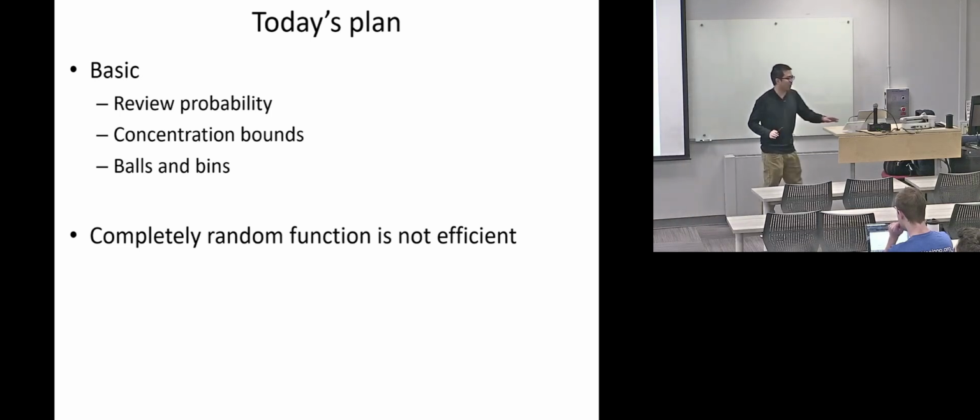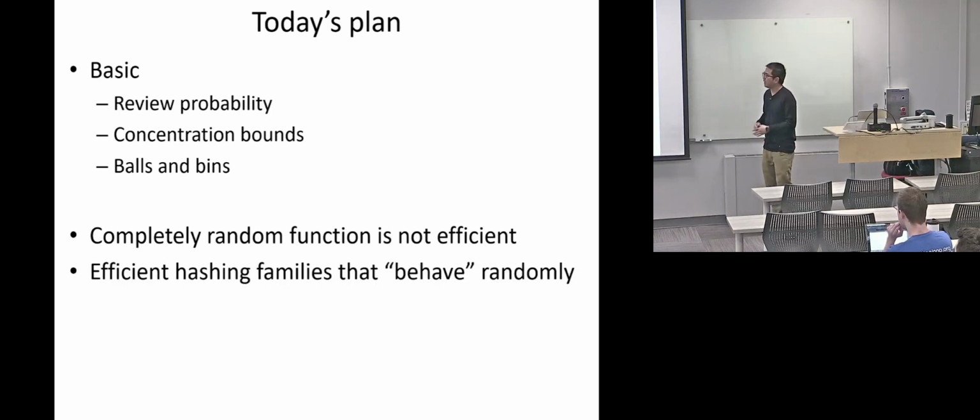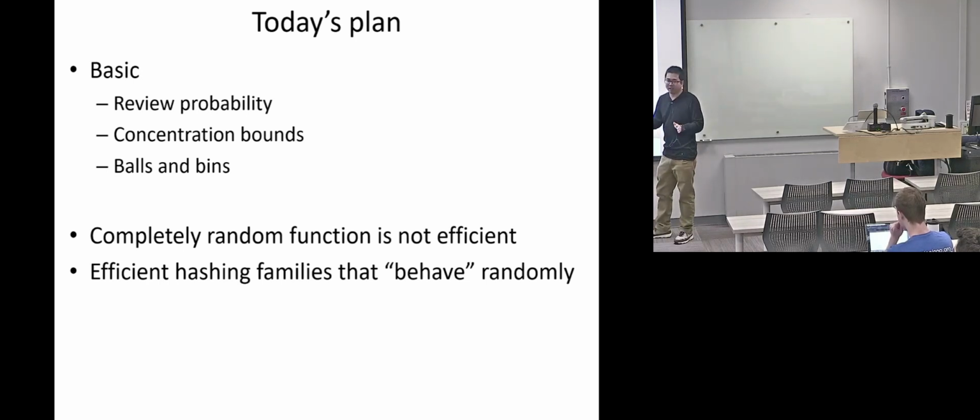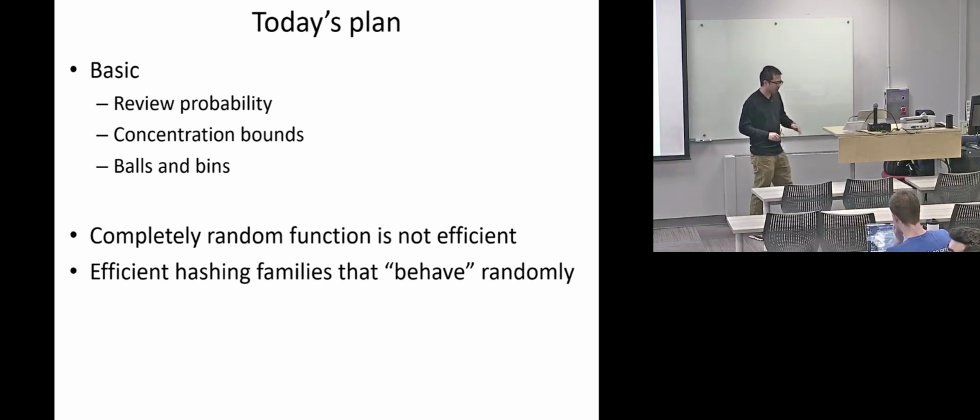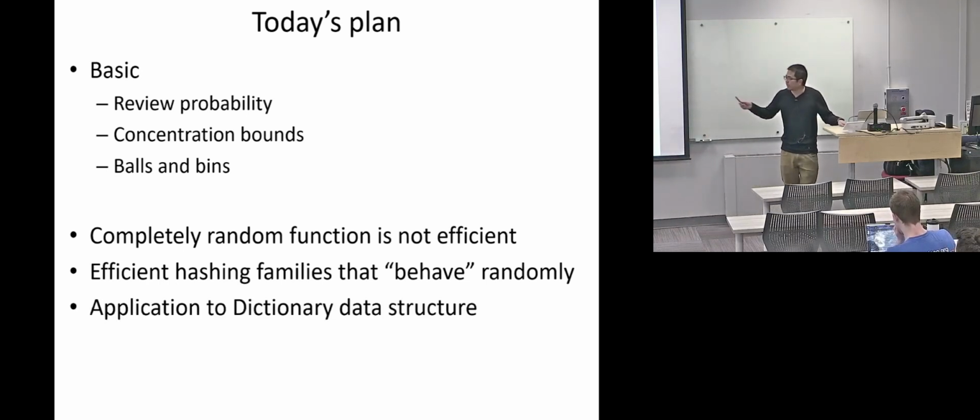Then we'll see that there exists an efficient family of hash functions, a family of random functions that are not completely random but behave randomly and are good enough for you. Then we'll see some applications to data structures. So let's start with the basics.